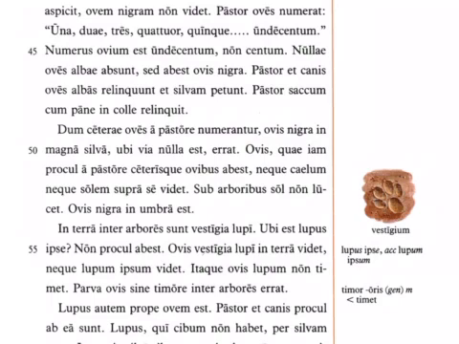Sub arboribus sol non lucet, under the trees the sun does not shine. Ovis nigra in umbra est, the black sheep is in the shadow, or in the shade. In terra, on the ground, inter arbores sunt vestigia lupi. In between the trees, there are the footprints or the tracks of the wolf.